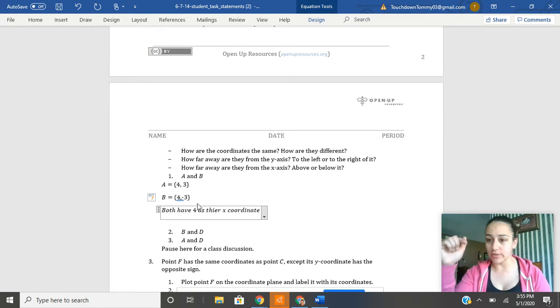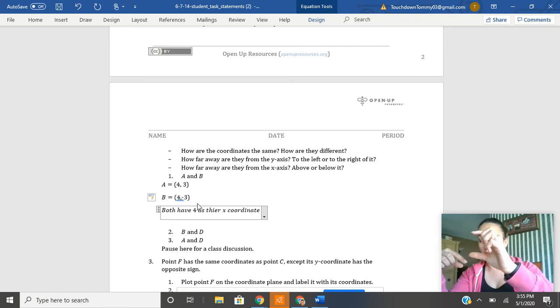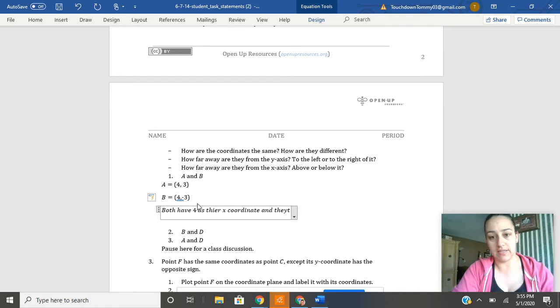And when we looked at those points, they were directly above and below each other, and we noticed that they were both the same gap or distance away from that dark line, the axis line there. So we could also say they are equidistant. They are the same distance. So equidistant.